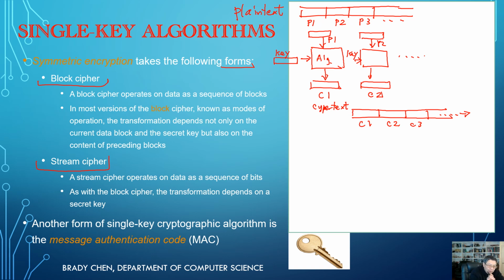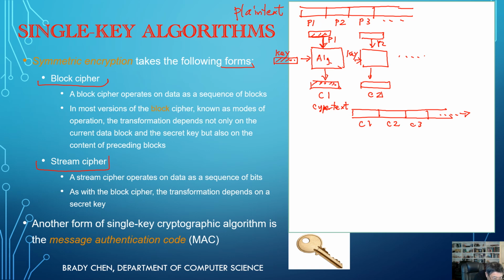Now, there's a variation of the block cipher. Sometimes the block cipher may work like this. For example, the first block P1 is mixed with the key and generates ciphertext C1.